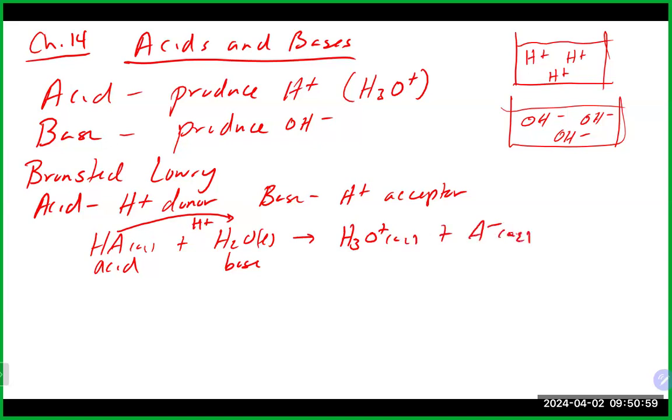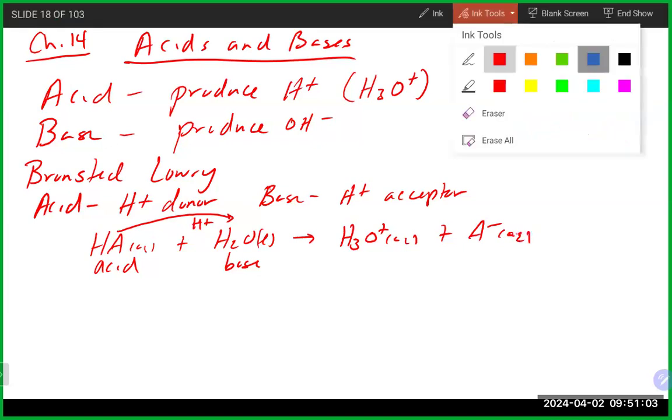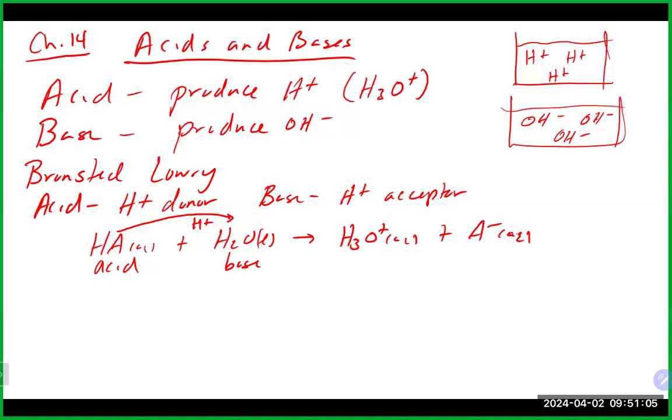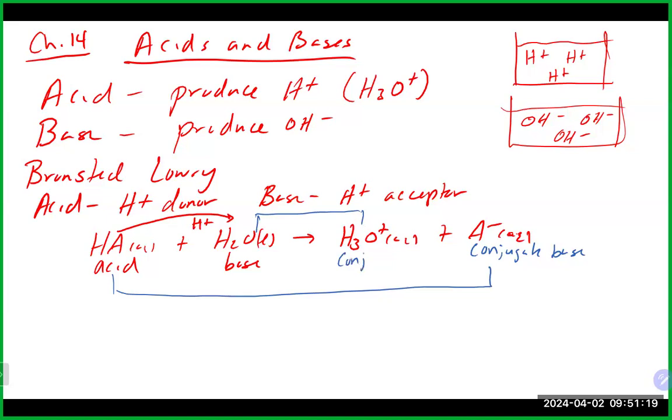It does create partners on the other side of the equation, which are related to the guys on the left-hand side. So our acid over here, its partner on the other side is the conjugate base, while the water here, which is acting as a base, its partner is the conjugate acid. So all the conjugate partners are on the right-hand side of the arrow, and your regular acid and base are on the left-hand side of the arrow.